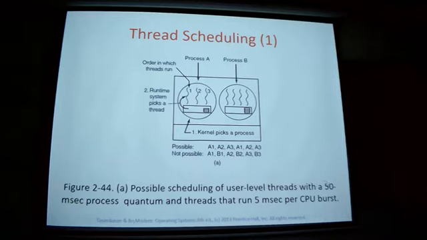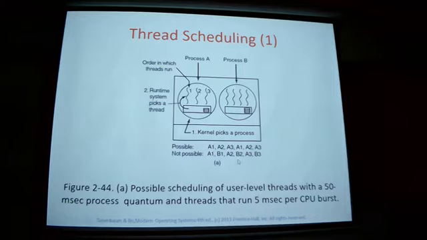Because of this 15 milliseconds, process A just runs its threads. Process A didn't finish its task, so process B will not start. So this list is impossible.